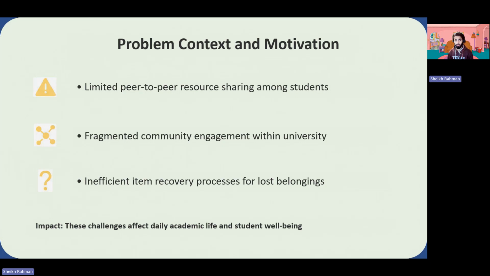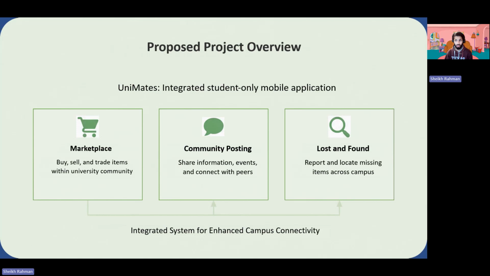Third, item recovery processes for lost belongings are usually inefficient and rely on informal communication methods. These issues can negatively affect students' academic performance and overall university experience. Inimaze aims to provide an integrated solution to these problems. Moving to the next slide.